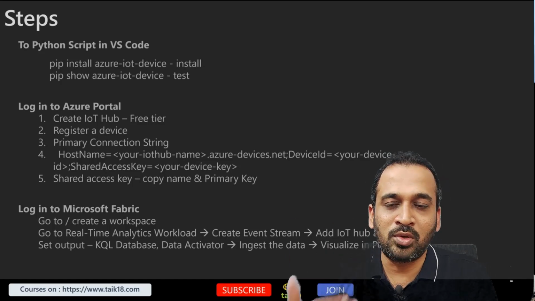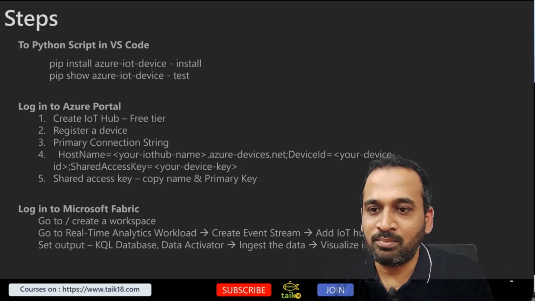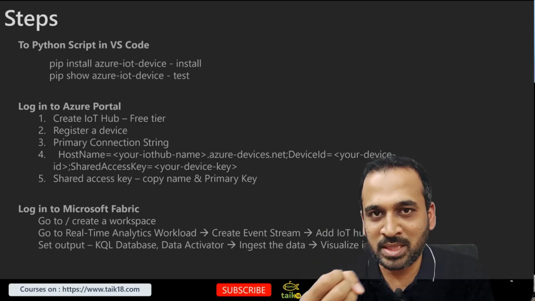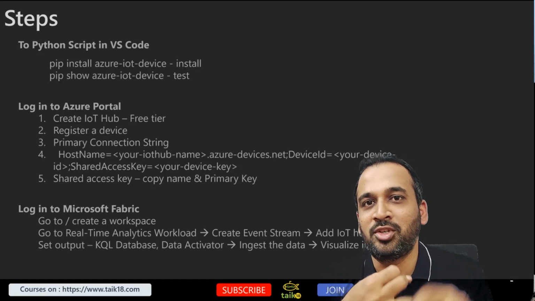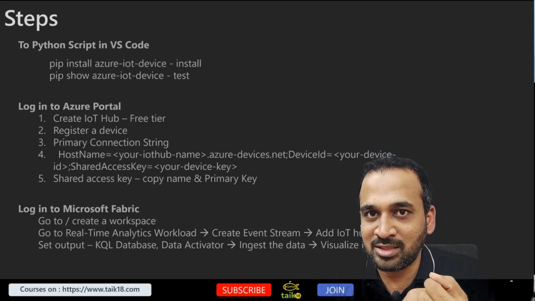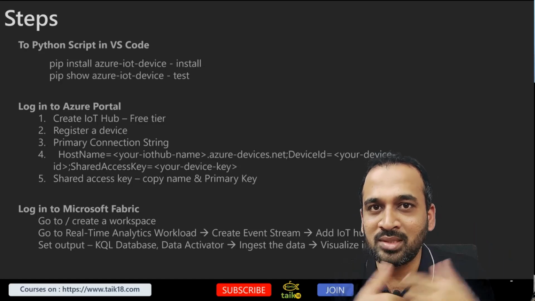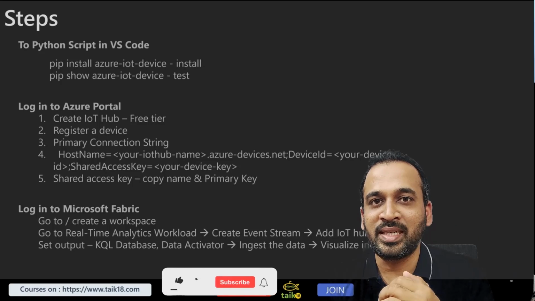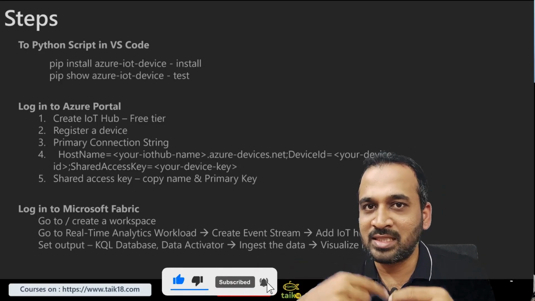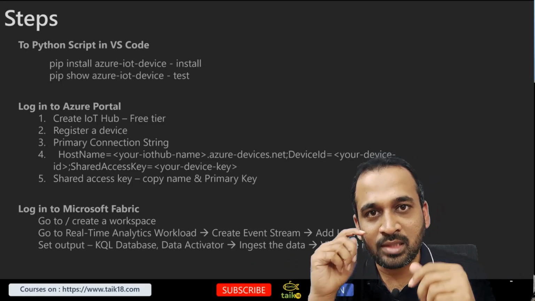You can directly go to the next step, which is the Azure portal. You need to log in there, create your subscription first, then a resource group, and then create the resources. The resource is IoT Hub, and you can use the free tier. It allows around 8,000 sensor messages per day, which I think should be enough for testing purposes. And you need to register your device, which is device number one.